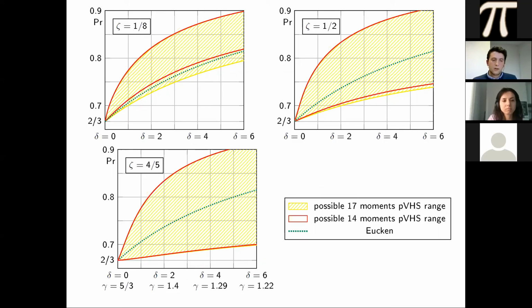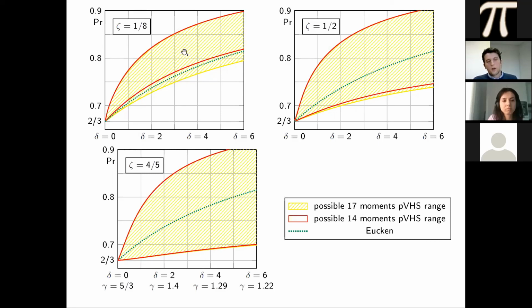Another important point is how many moments the system needs so that we can approximate this nicely. Here I do everything like before, but I choose the 14 moment system and plot these curves. You can see, for example, for small values of zeta, which corresponds to the temperature exponent of shear viscosity, that this area is smaller compared to the 70 moment case.